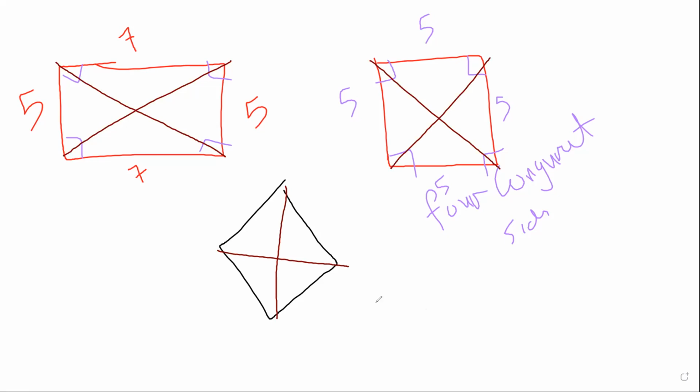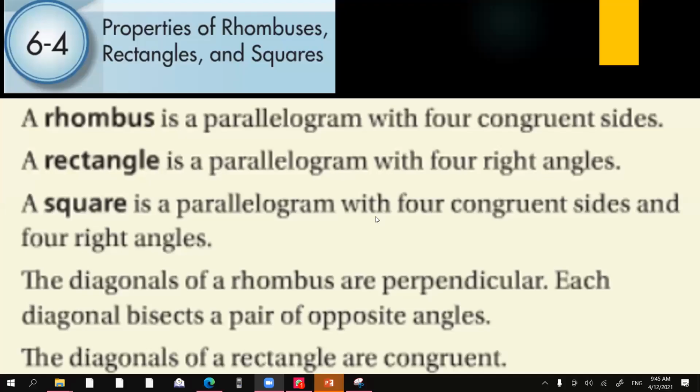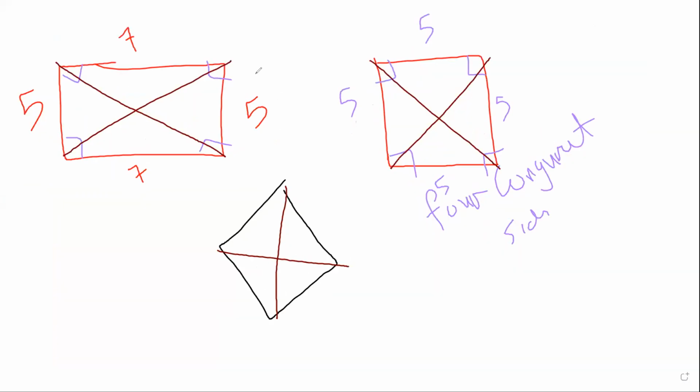Do you have any questions? All of them have diagonals that bisect each other. But here in the rhombus, the diagonals are perpendicular.